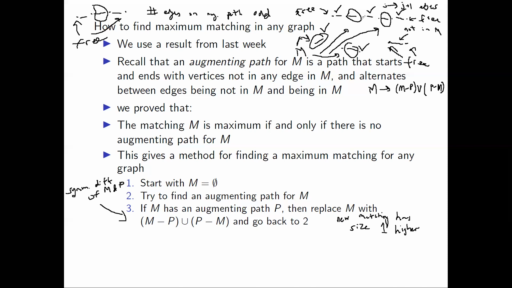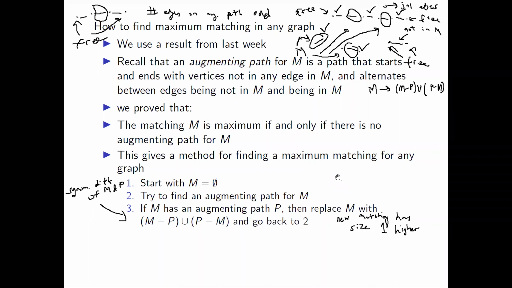And in our picture here, J was 2, and we replaced it with 3 edges. The picture here, J was 1, we replaced it with 2 edges. And then this one right here, that was just J equals 0, and we replaced it with 1 edge. So the size of the new matching was 1 more than the size of the old matching.